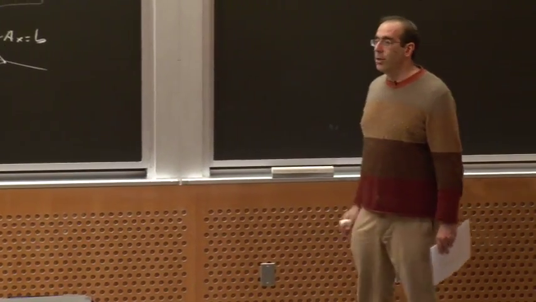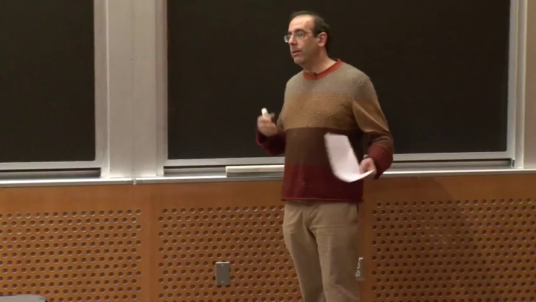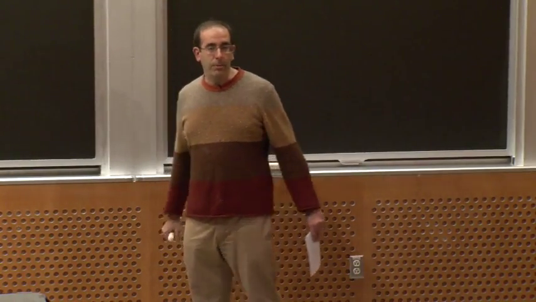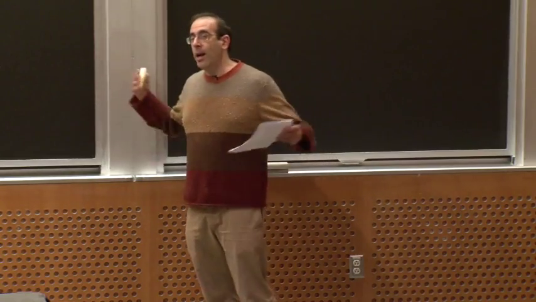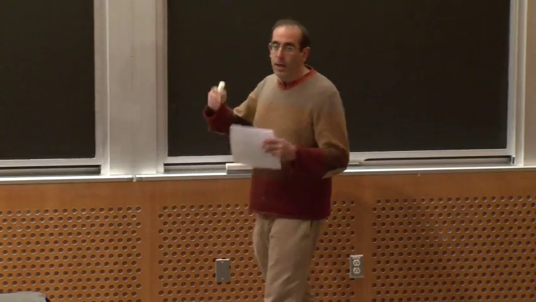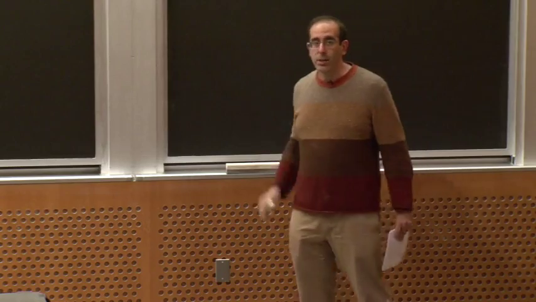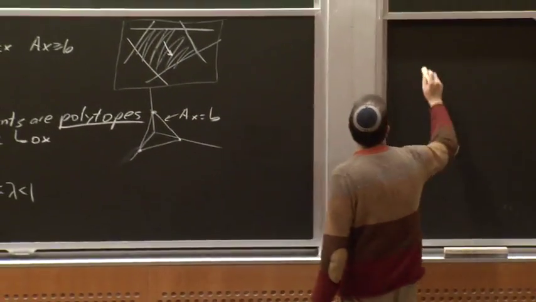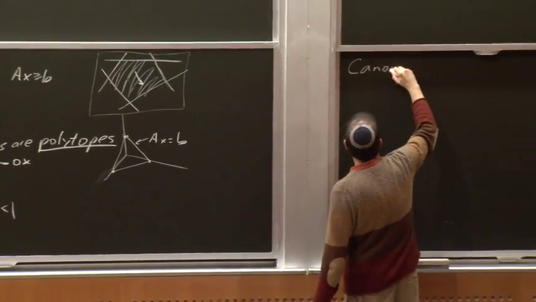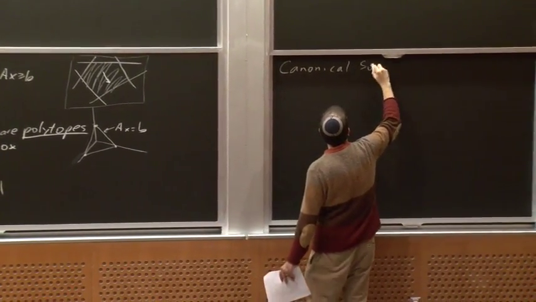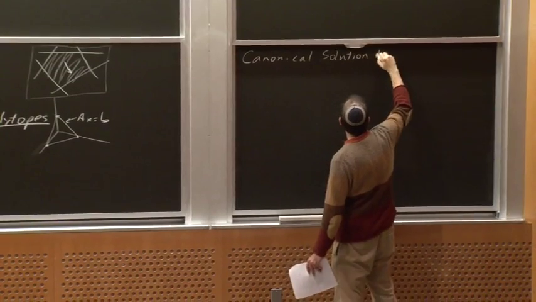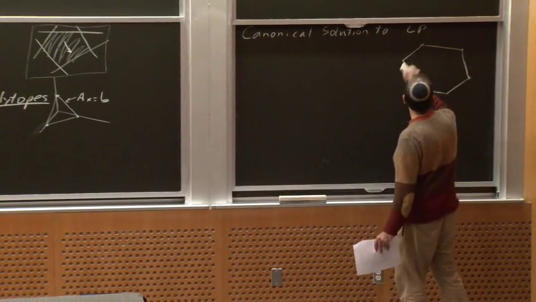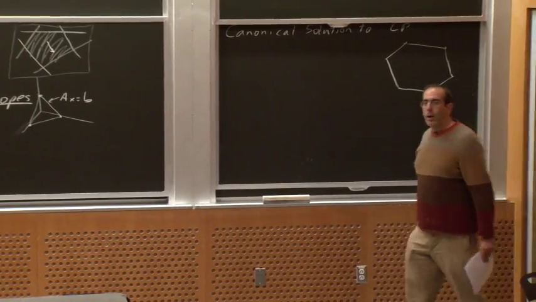It would be good to narrow down the space of possible optimum solutions to one of these problems, or to talk about a canonical optimal solution so that we can focus our attention on finding a solution that satisfies certain criteria. So let me ask that as we look for a canonical solution to an LP. So here's my LP. Where can the optima be?